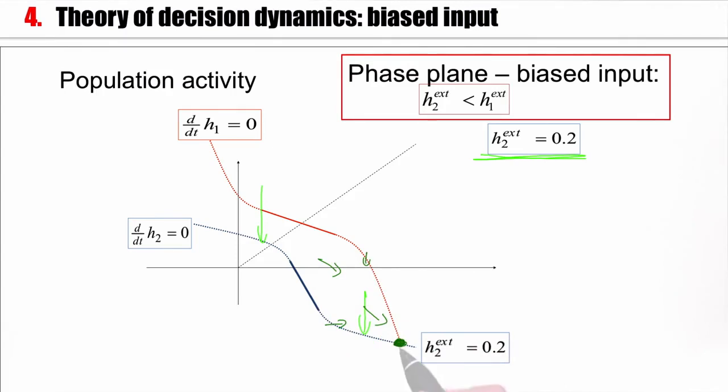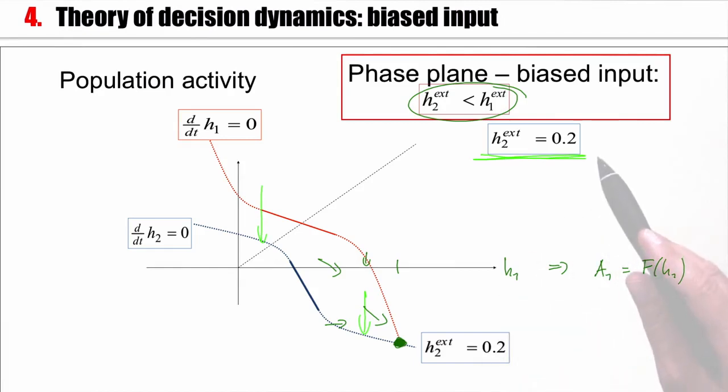So in this case, if you interpret the final state, H1 is big, therefore the activity of the first population is also big, while the other population is completely suppressed. So here I had a strong input. H1 is much bigger than H2. H1 was 0.8, H2 was 0.2, the external input. And so only one solution is possible.